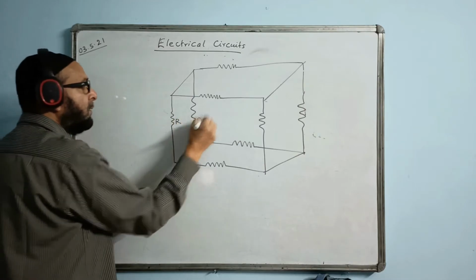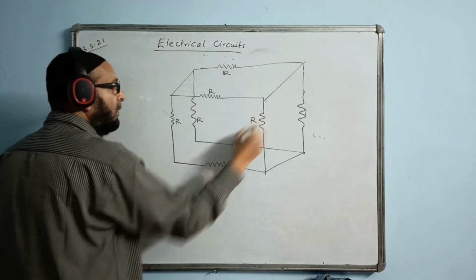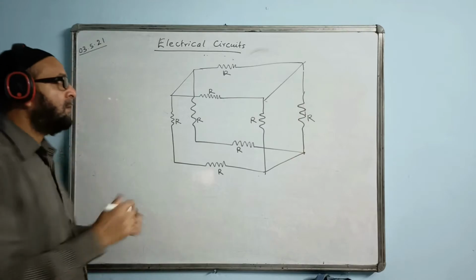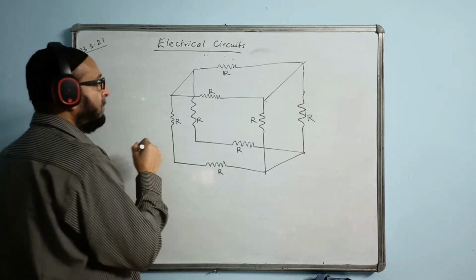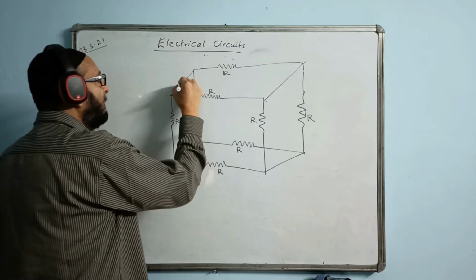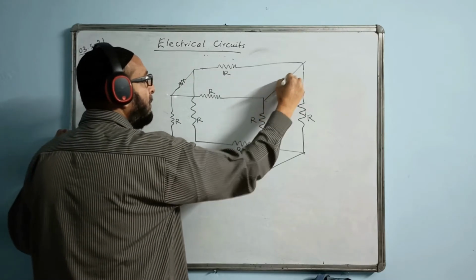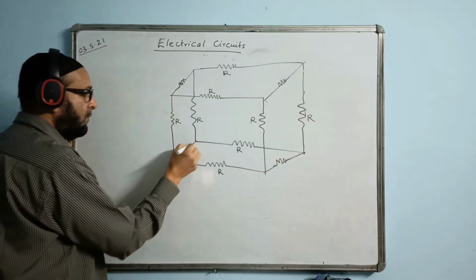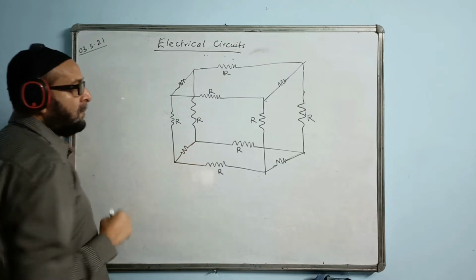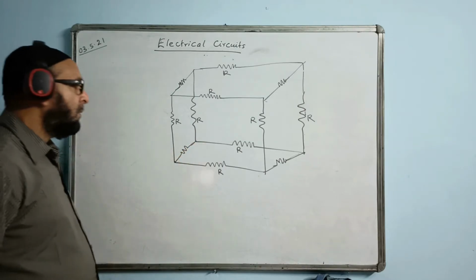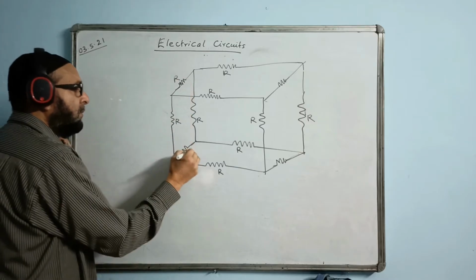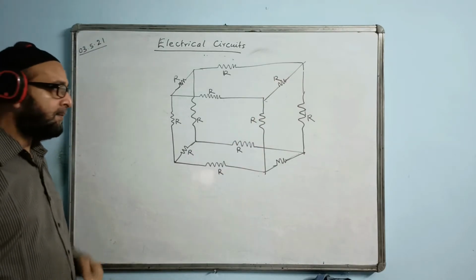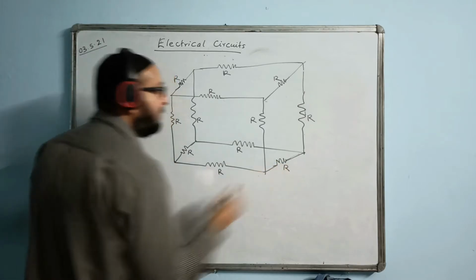Each one is value given R. Resistance on each side is R. This circuit is quite looking complicated type.